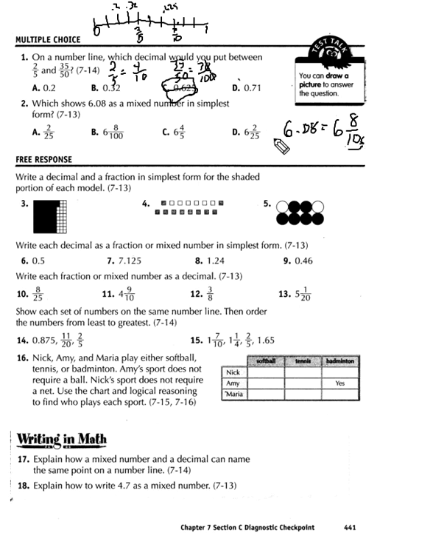There we go. 6 and 8 100ths. But this isn't the simplest form. 8 over 100 could be turned to 4 over 50, which would be 2 over 25. So the answer to this one is 6 and 2/25.